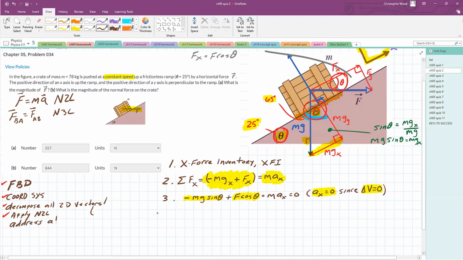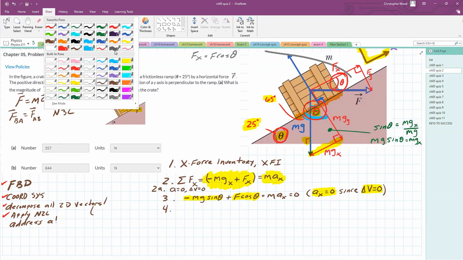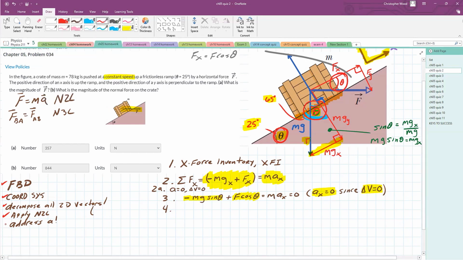Right after the Newton's second law statement, which I should have put here, maybe this is 2a, I should say acceleration equals 0 because the velocity is constant. So I'm done with that. It's cookie cutter, which is good, because it lets you get to the moment of innovation sooner as opposed to later.